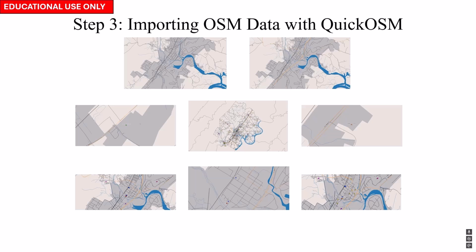In step 3, I needed to import data from OpenStreetMaps, which I did with QuickOSM. So the data that I snagged from OpenStreetMaps included state routes for major roads, emergency service data such as police stations, fire stations, and hospitals, possible shelter locations, which I chose as hotels, churches, and schools or universities.